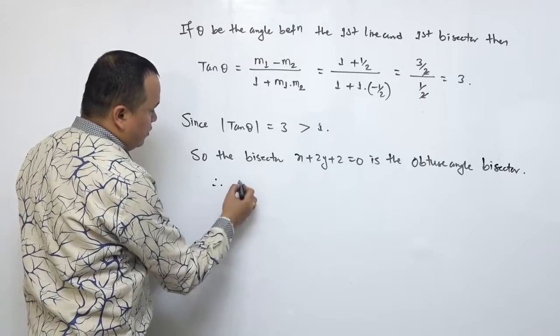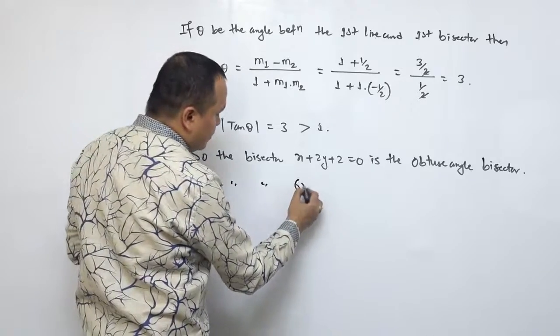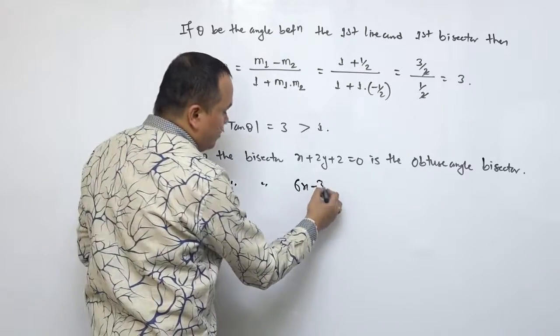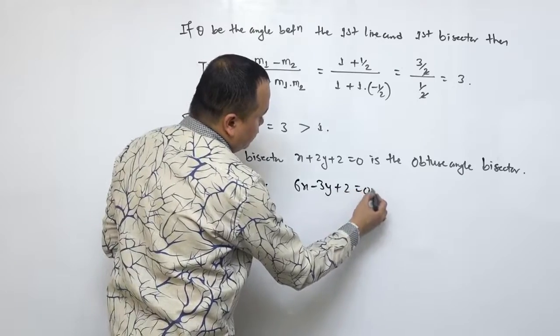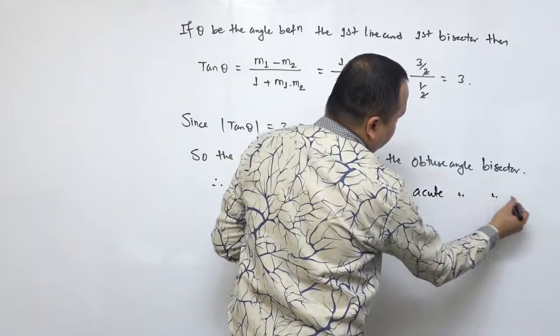Therefore, the second bisector, that is 6x minus 3y plus 2 is equal to 0, is the acute angle bisector.